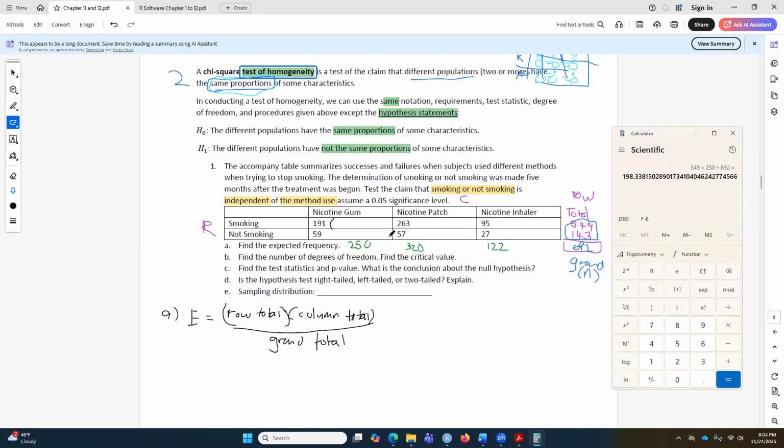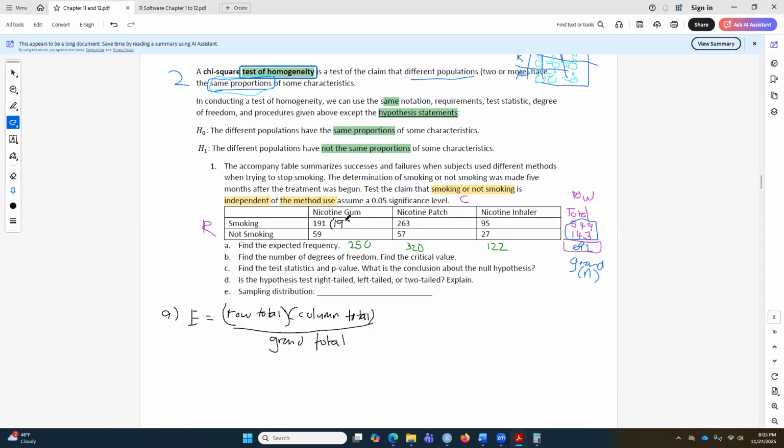How do you find the expected frequency for the first cell, those who use nicotine gum and are still smoking? You take the total people who smoke, 549, multiply by the total of nicotine gum, the column, 250, and divide by the grand total, 692. And this is 198.34. You guys okay here? Yeah.